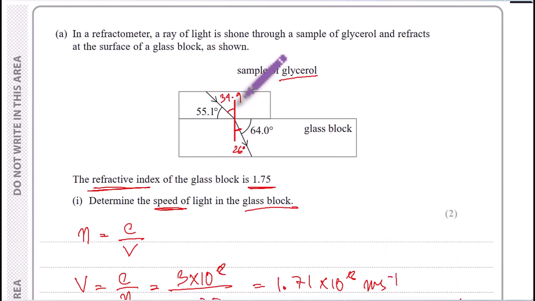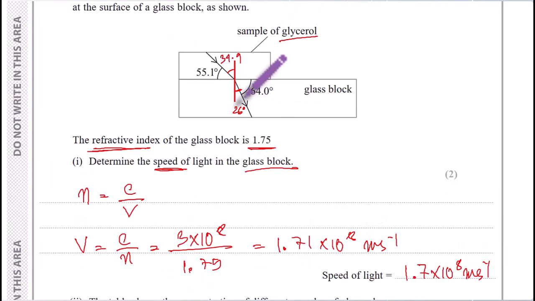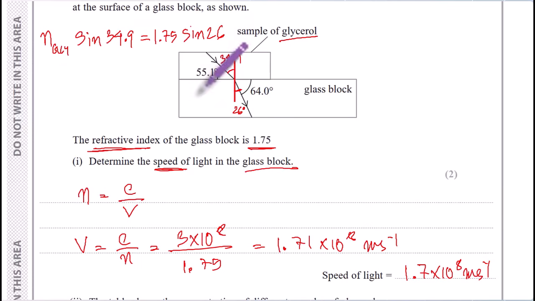So we need to find out the refractive index of glycerol. Okay, so n glycerol times sin theta in glycerol, which is 34.9, equals the refractive index of glass, which is given as 1.75, times sin theta in glass, which is 26.